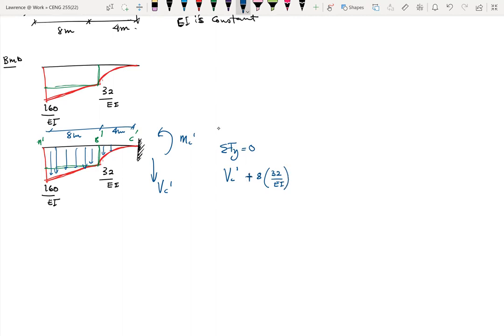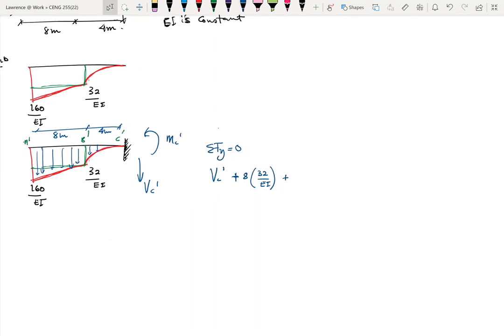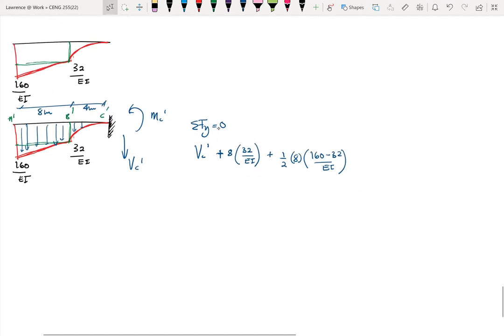Then the triangular load will be half times a base of 8 times the height difference of 160 minus 32 over EI. That'll give me the other one.